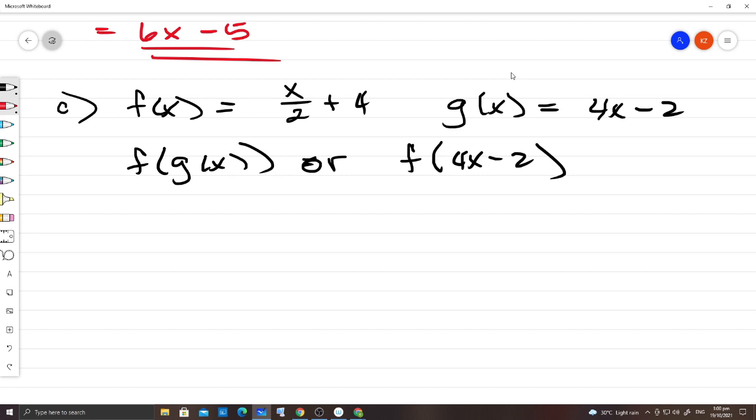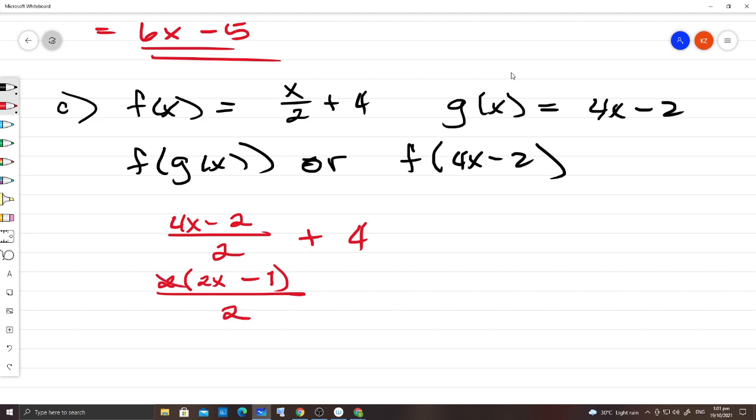So we have 4x minus 2 all over 2 plus 4. We can get the factor of this. So we have 2x minus 1 plus 4. 2x plus 3.